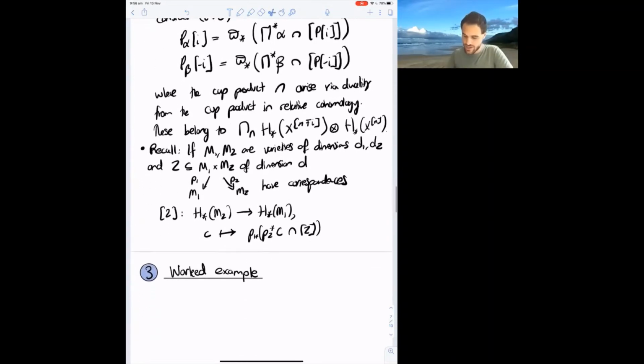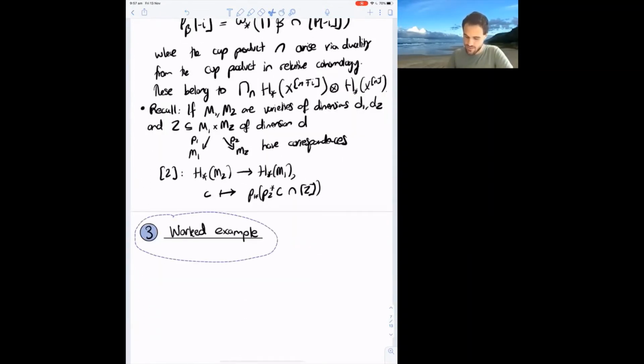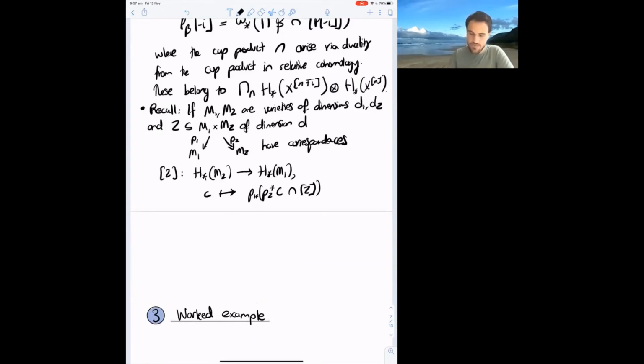And so once we restrict to each n, I guess we restrict to each n and then take a direct sum, so it's not really a restriction.